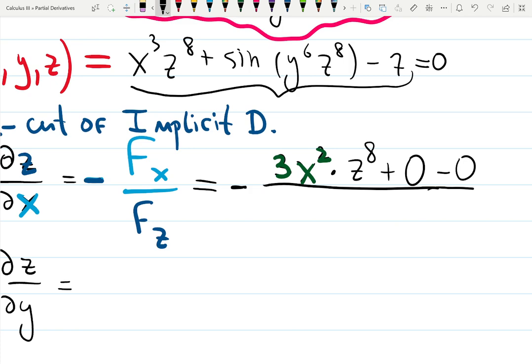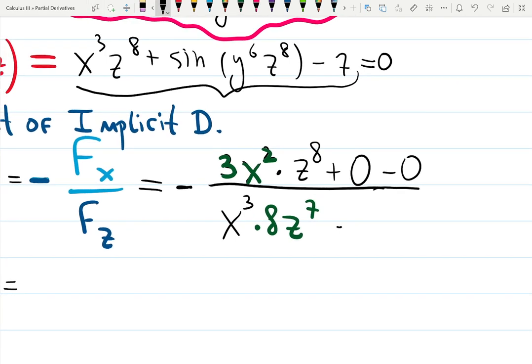With respect to z, your brain now has to see the z part as important. So I'm copying x cubed. z to the 8 is 8 z to the 7. What happens with sine y to the 6 z to the 8? Now I can see it's there. It is there inside. So that's chain rule. Derivative of sine, just like you said, is cosine. Copy the part inside. That's calculus 1.